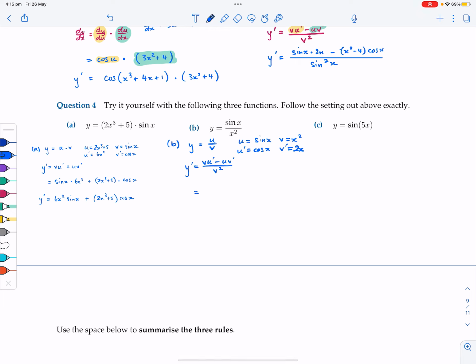Right, so this equals, I know I've got a fraction, I've got v squared, I'm just going to set that up. So v is x squared, so v squared is x to the 4. Okay, vu dash is x squared cos x, then minus 2x sine x. Notice I put the v dash before I put the u. As long as I've got both of those things in any order, I've done that correct, and then that is tidy. Okay, nice and tidy.